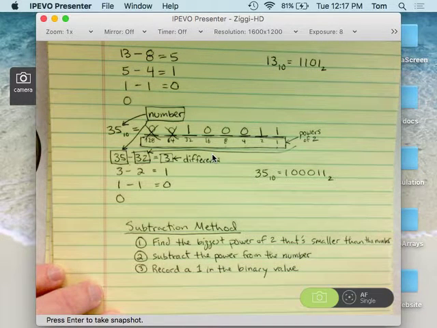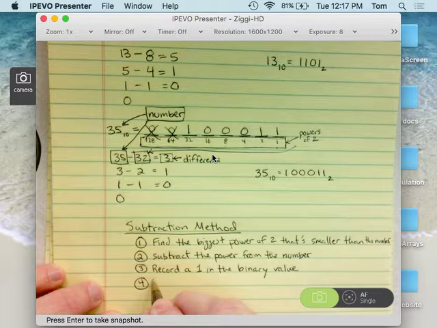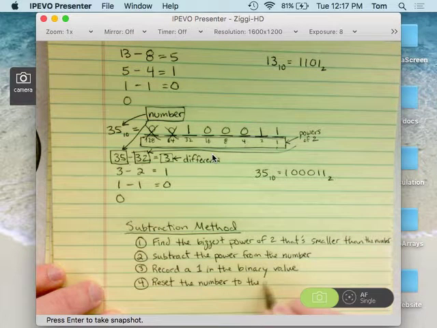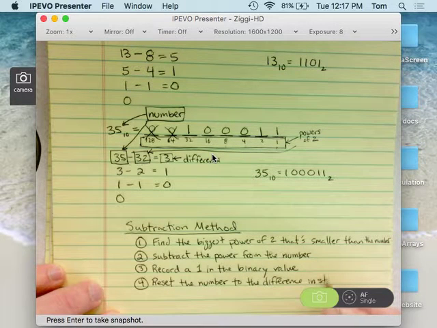And then step 4, we're going to reset the number to the difference in step 2.